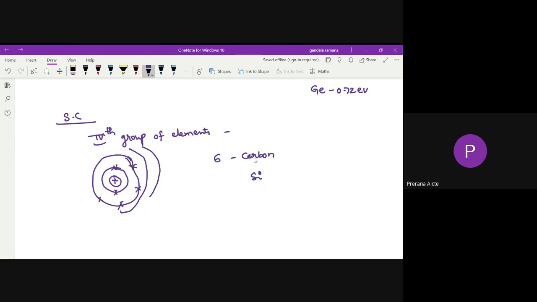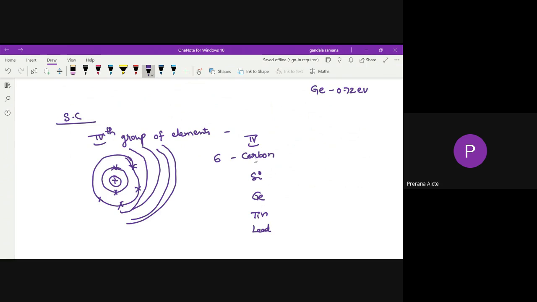The next one is germanium, the next one is tin, and the next one with 4 valence electrons is lead. These are all fourth group elements: carbon, silicon, germanium, tin and lead.